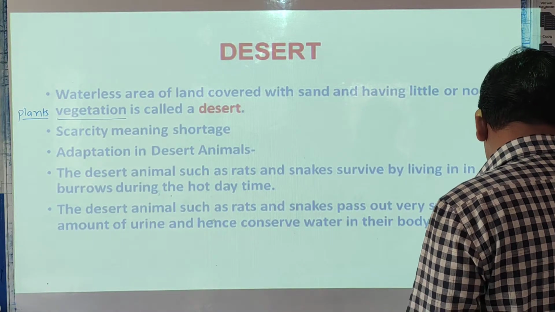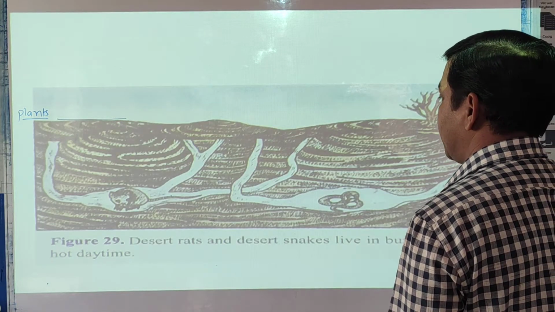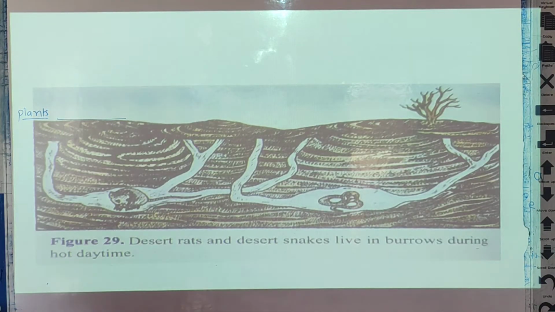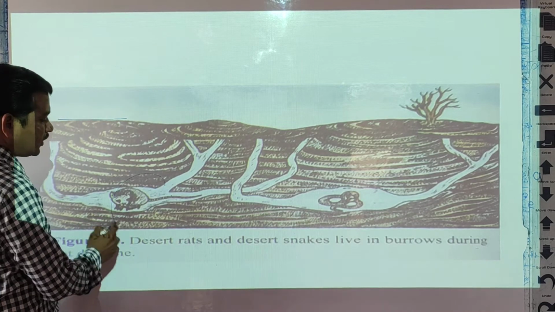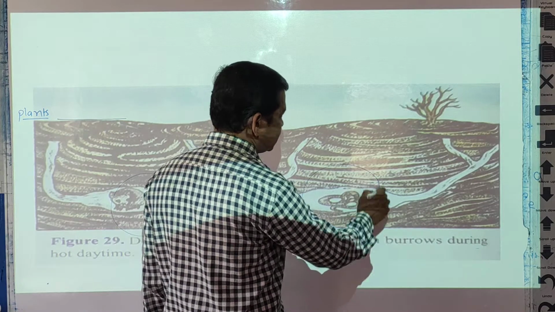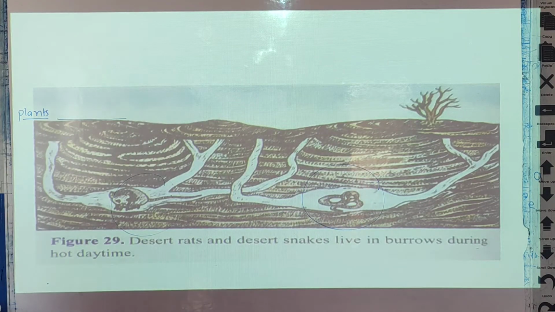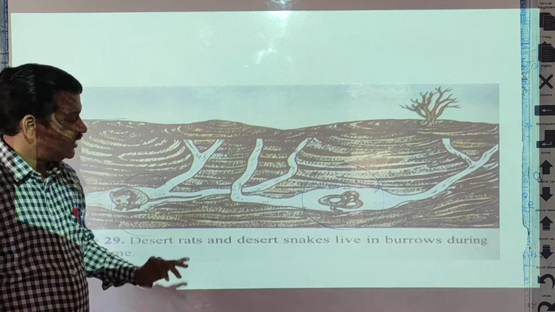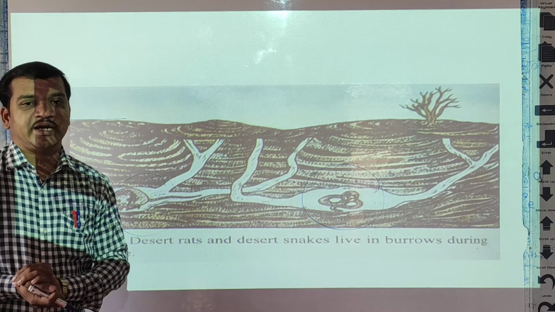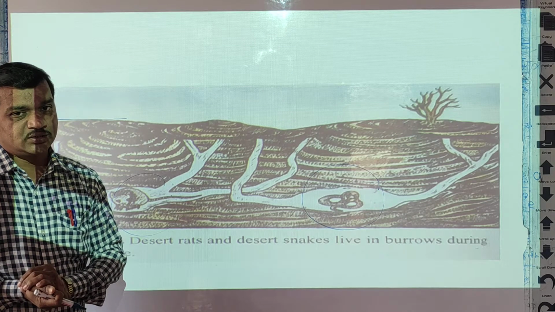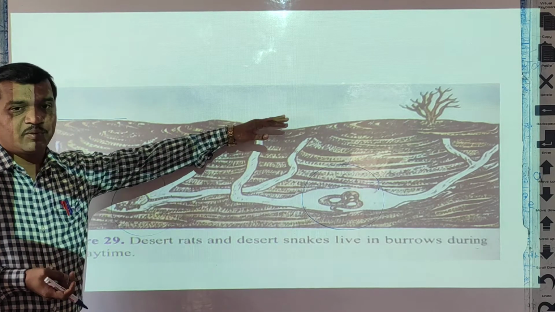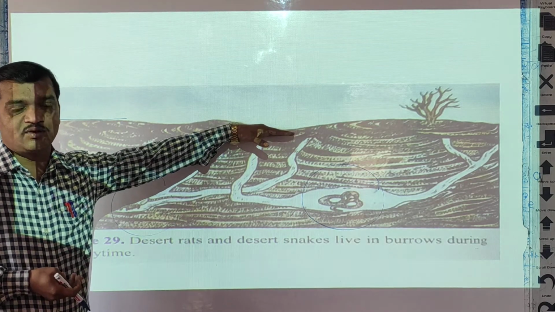So first we can see the picture. Can you see this? As you can see here, the desert rats and desert snakes live in burrows during the hot daytime. Now why are these two animals living in burrows? Actually during the daytime sand becomes too hot, and due to that these animals cannot survive on the surface of land.